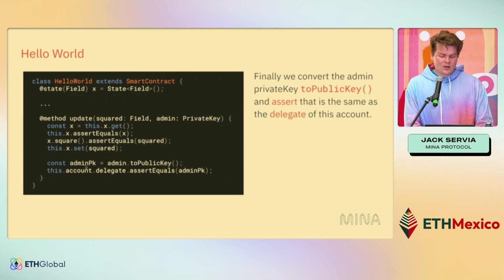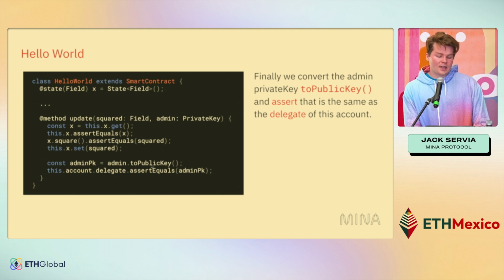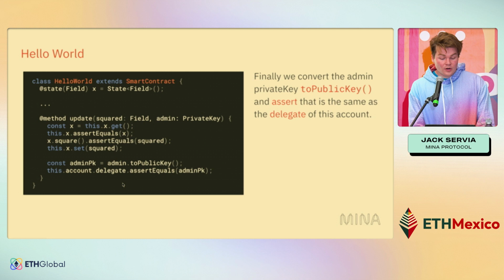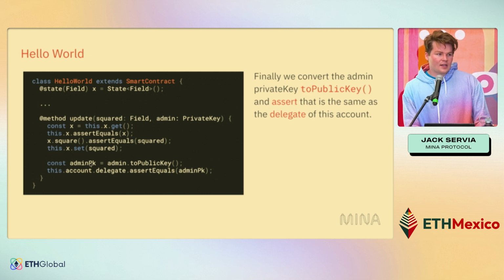We create a variable called admin public key, and we set it equal to the result of this toPublicKey method on admin, which is the private key that we pass in. So we pass in a private key, we compute the public key from it, and then we set it to admin public key. And then we assert that this is equal to the admin public key property in our zkApp account.